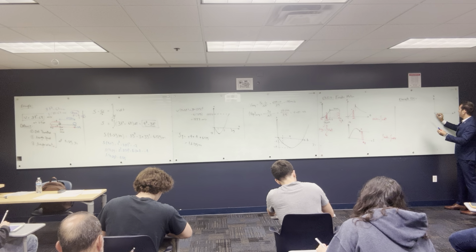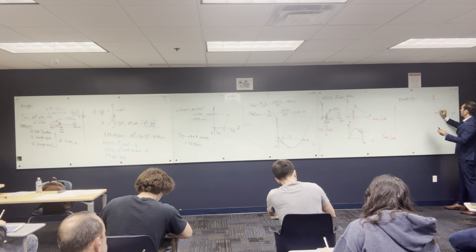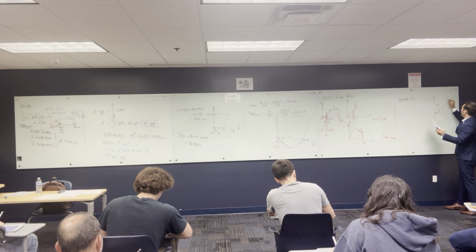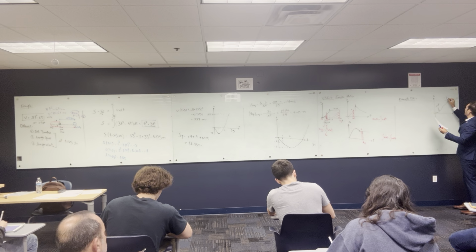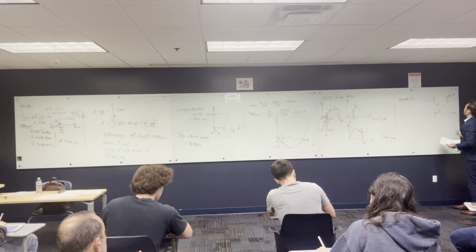One of them is parabolic, and one of them is linear. This function is s equal to t squared, and this one is s equal to 20t minus 100.